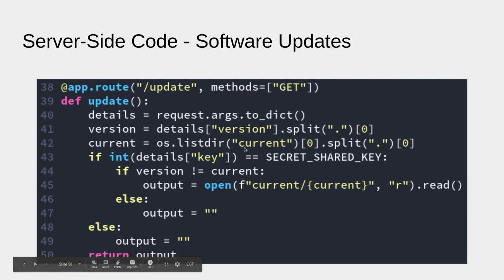So basically, once a week, the mirror will ping the cloud instance and say, hey, here's what version of the code I have. And the cloud will say, okay, well, I have a newer version than that, so here's the new version. The way it does that is it turns all the code into plain text and just spits it back down the internet at you, and you receive that and you just write it into a file, and that's your software update.